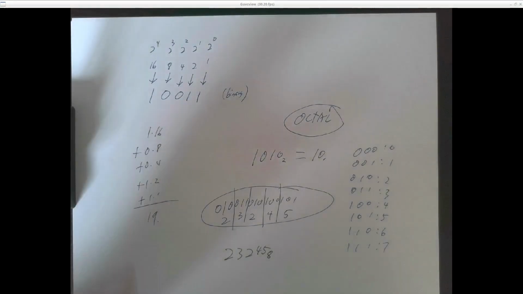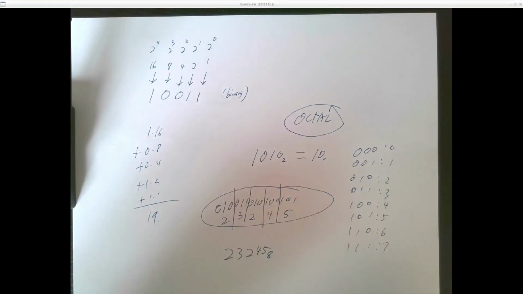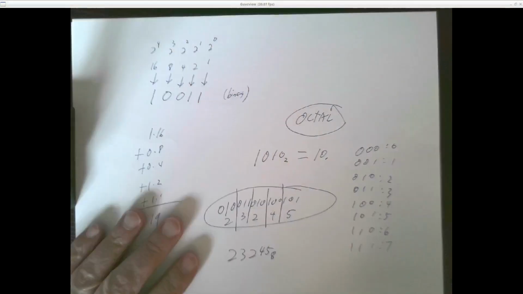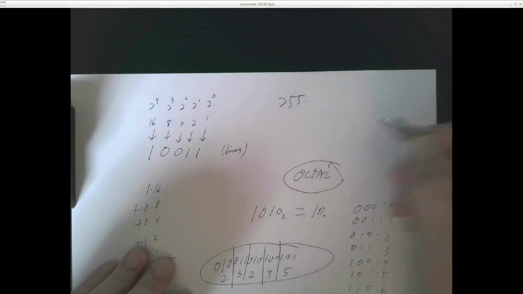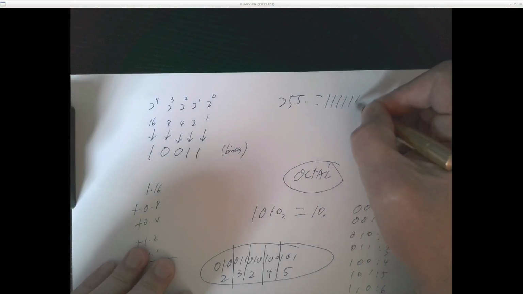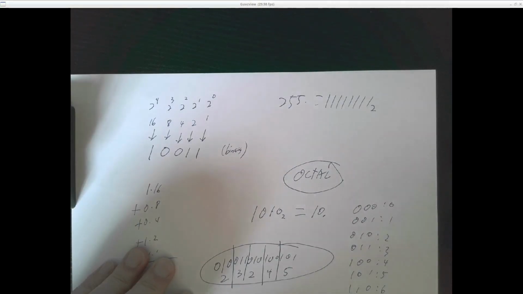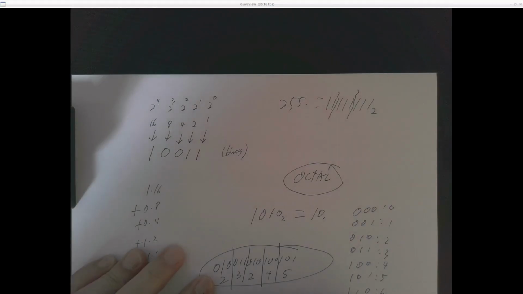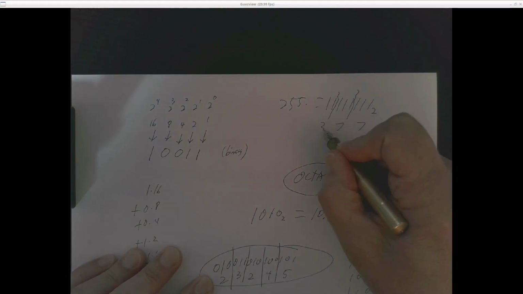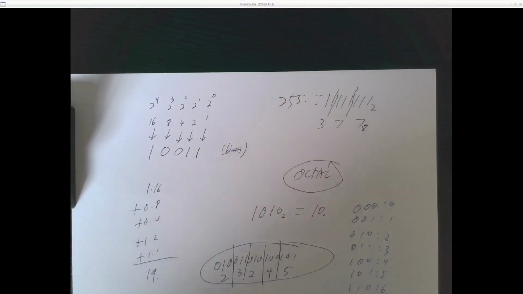Now remember, most of the numbers on our computers only go up to 255, which in binary looks like this, which if we break it into groups of 3 bits, this is a 7 and a 7 and a 3. So 377 as an octal number, that's the largest number we can put into our touch metal board. And that's the number 255.